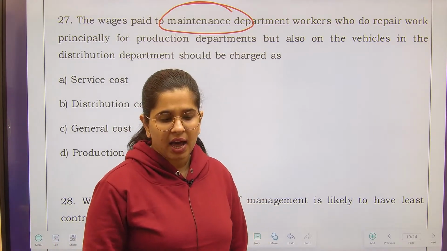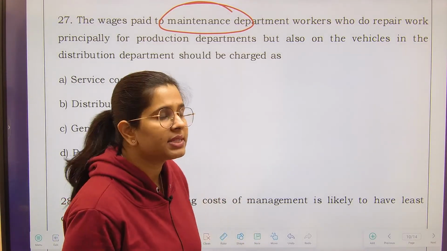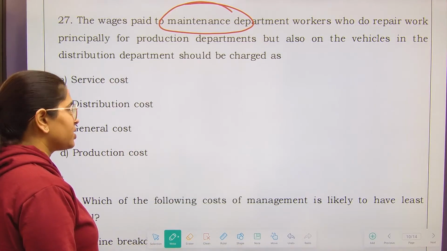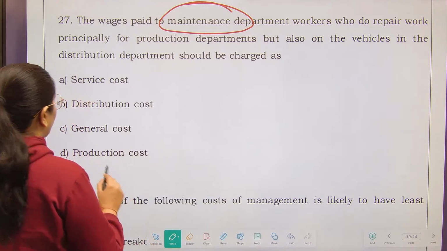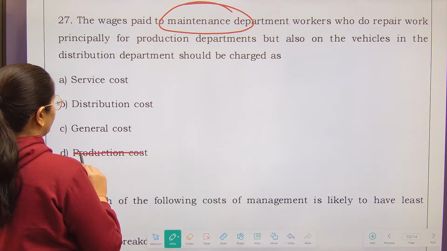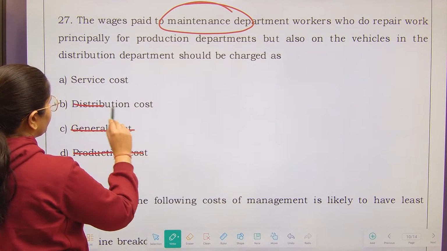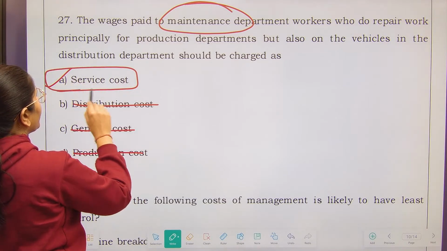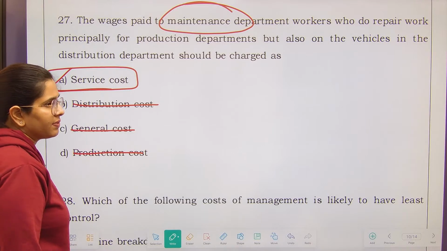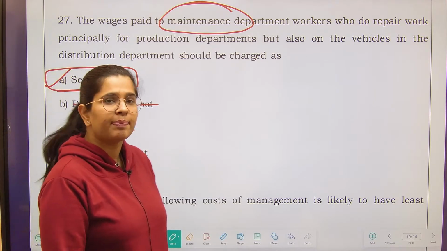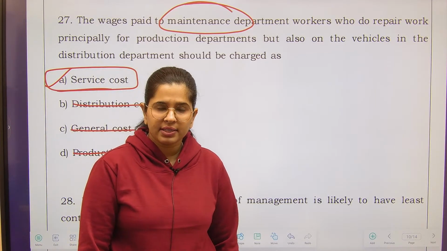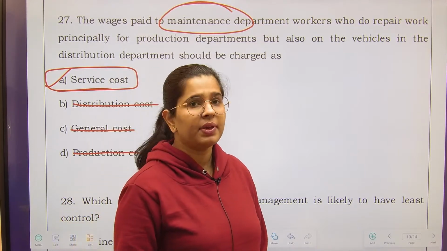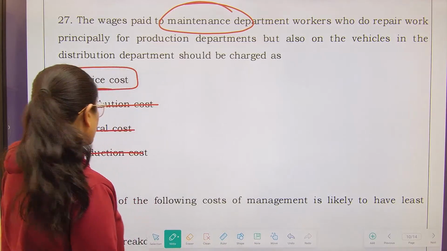That means these are working for two departments simultaneously. Now, what should they be charged as? Only production cost? No. General cost? No. Distribution cost? No. They will be charged in the service cost. Why? Because they are providing their services to both of the departments. Wherever they are needed, they are being put into. Hence, we will classify them into service cost.